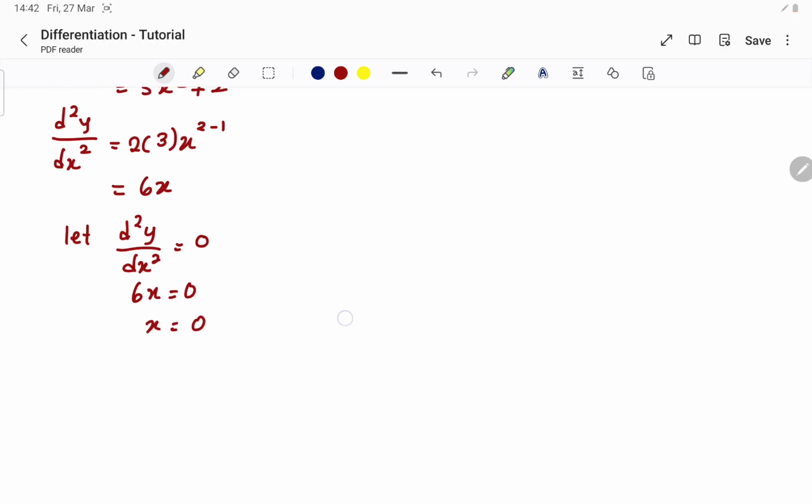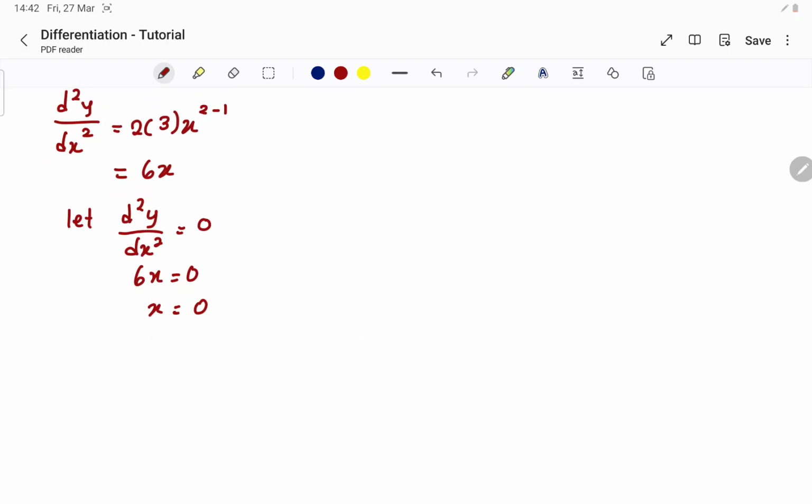From this you can get the y coordinate. So substitute when x is equal to 0, y is equal to 0 to the power of 3 plus 2 multiplied by 0 plus 1, so y equals 1. Now you have one coordinate which is (0, 1), but we don't know whether (0, 1) is actually an inflection point or not.